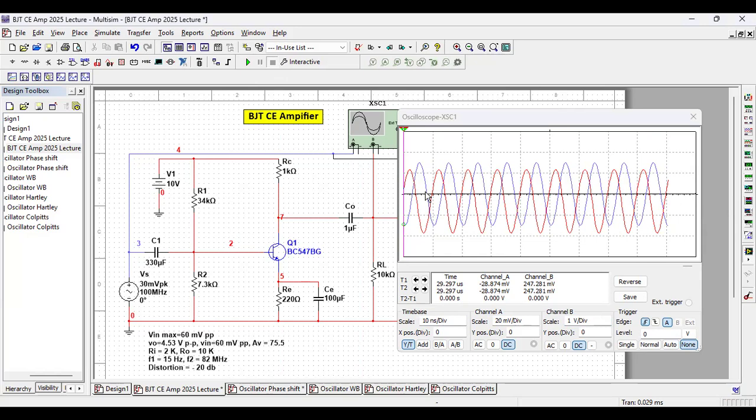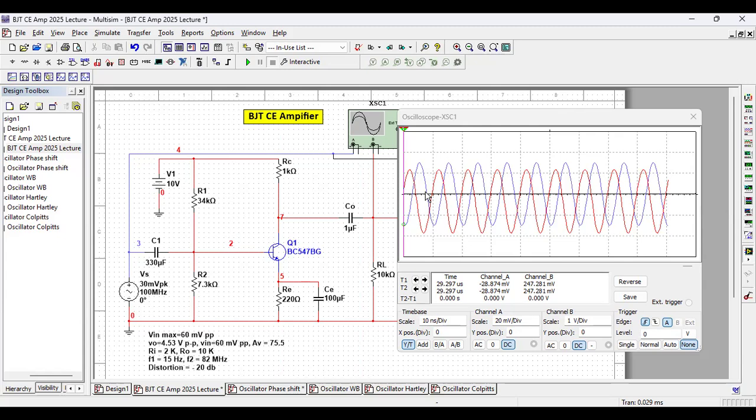That means at the flat zone of the frequency response, the output is 180 degrees ahead of input. Below the lower cutoff, it is ahead of input, but not 180 degrees, much less, about 90 degrees. And above the upper cutoff frequency, the output is behind the input by a certain degree.